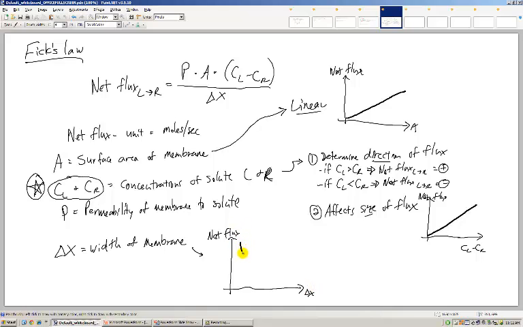We're going to look at this a little more carefully in the problem-based learning in the lab, but bigger delta X, smaller flux. As this gets bigger, this gets smaller. Again, this will probably be most important in the lungs. The lungs work really hard to keep the membrane between air and blood as thin as possible. There are a lot of conditions that cause that membrane to get thicker, and that can severely reduce the rate of gas exchange between alveoli and blood.